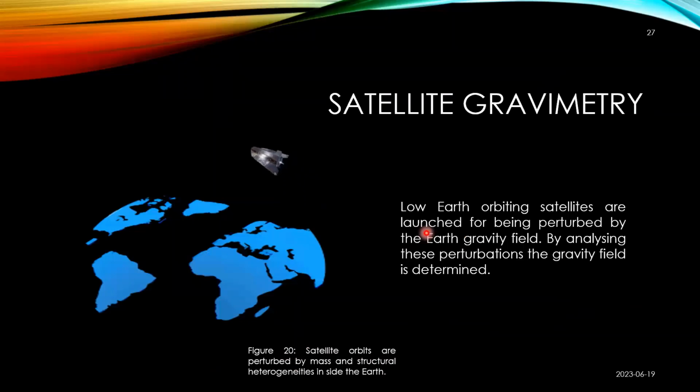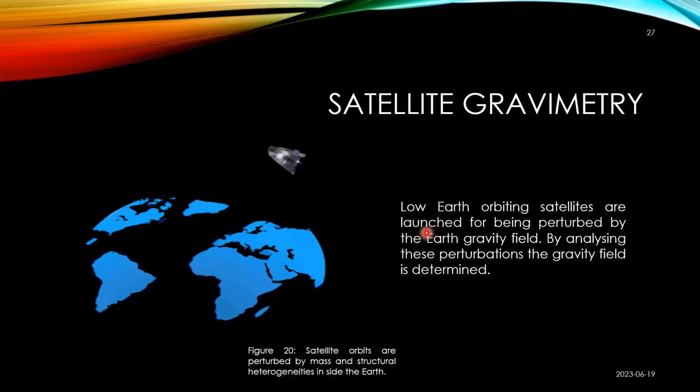And satellite gravimetry, which is actually my field of expertise, works like this. If you have a satellite moving around the Earth, the orbit of the satellite is not very smooth. This is because of different perturbing forces that act on the satellite.